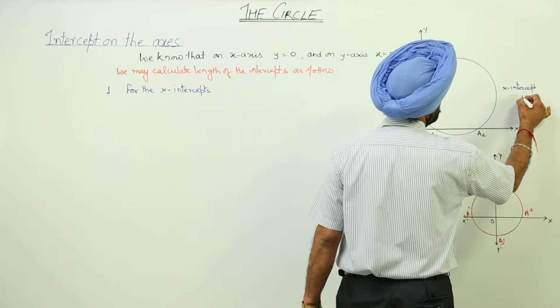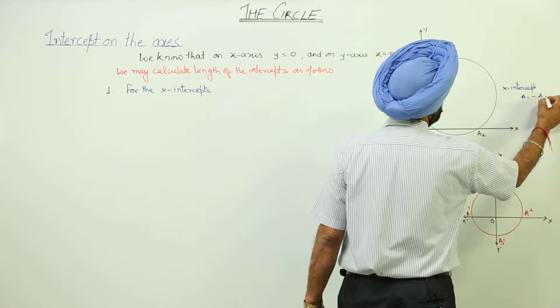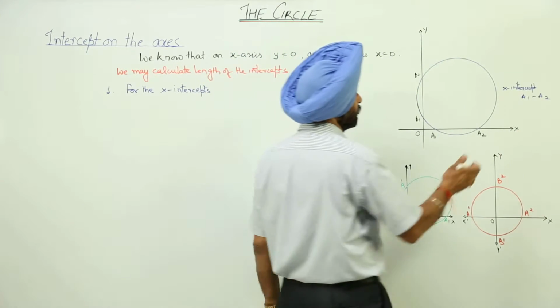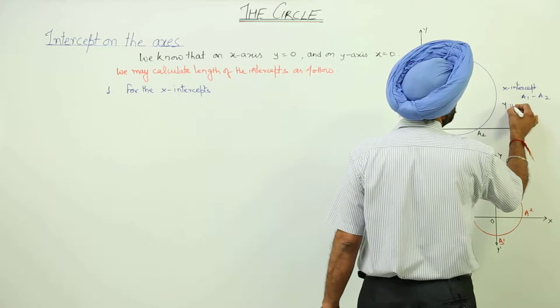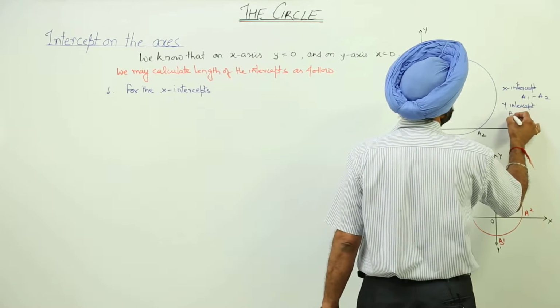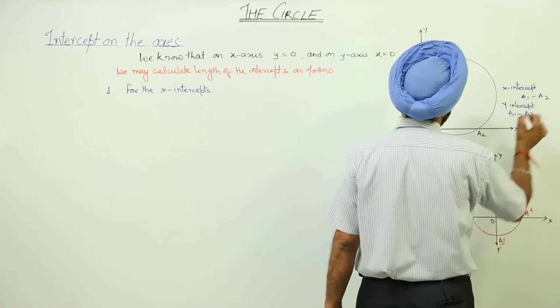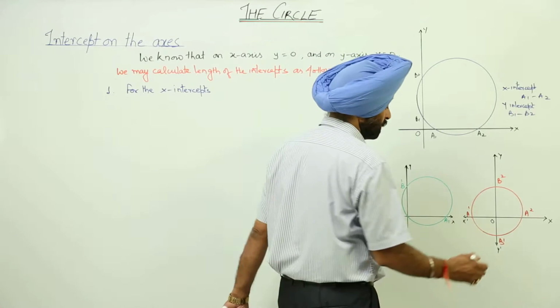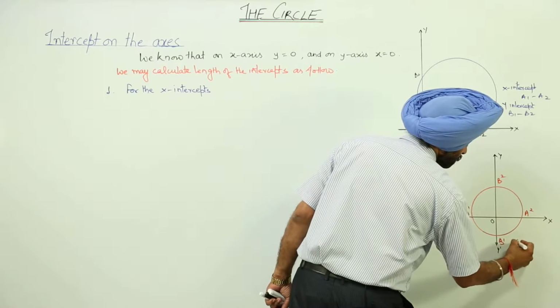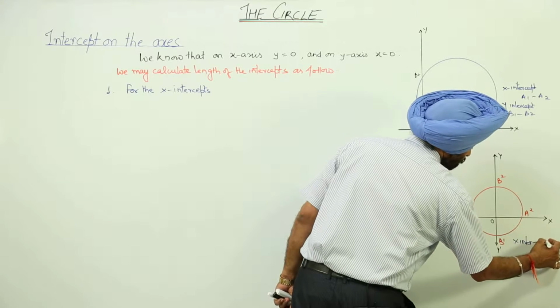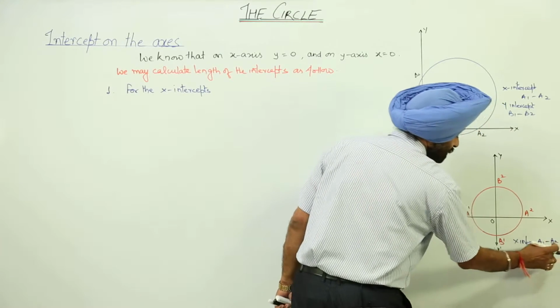X intercept is A1 to A2, that is the distance x intercept, and y intercept is B1 to B2. This is the distance. Similarly, here x intercept is A1 to A2. This is just to find the distance.